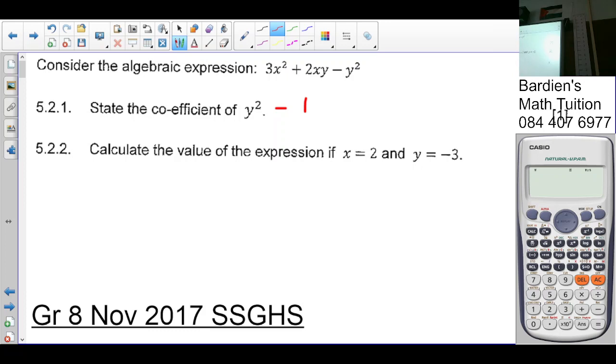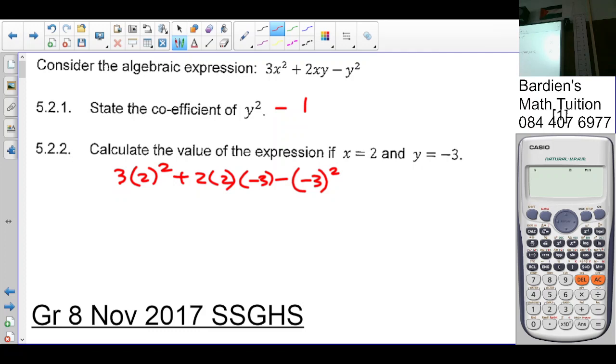So wherever I see an x, I put a 2. So it's 3 times 2 squared plus 2 times 2. If I see a y, I put a negative 3, minus, open brackets, negative 3 squared. Why do I put in a bracket? Because the negative 3 must be squared.